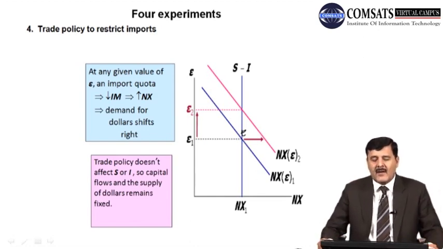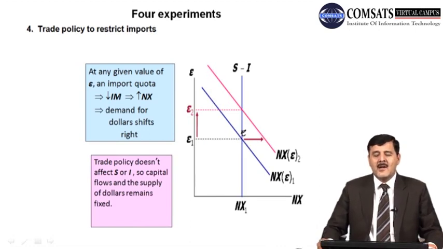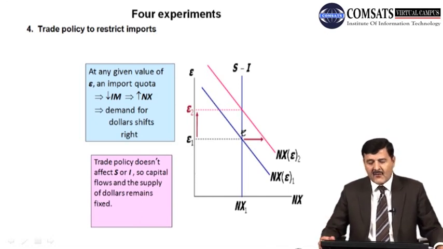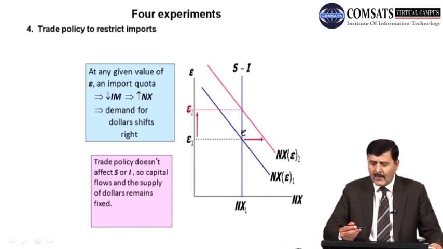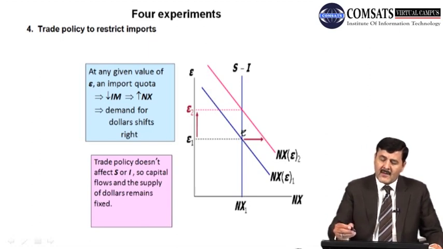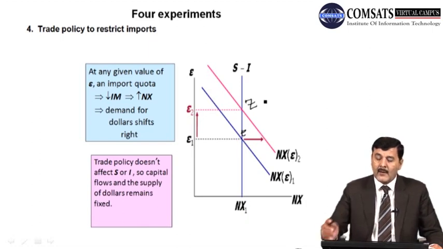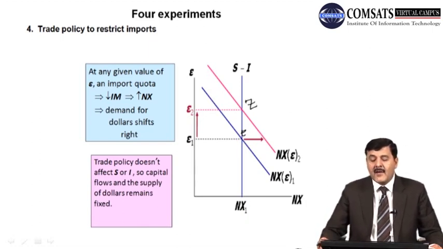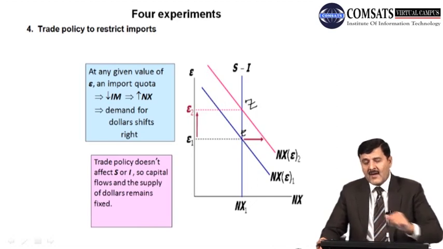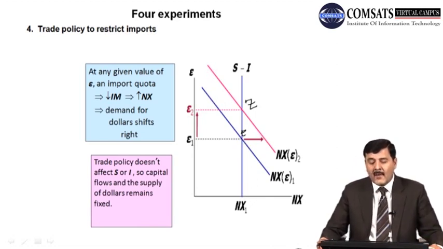So what will happen to the demand for dollar? When net exports increase, the demand for dollar increases. When the demand for dollar increases, the demand curve for dollar will shift to the right. This new curve intersects the original supply curve of dollar at some point. Let us call this point Z. Now at Z, you see the real exchange rate has increased from E1 to E2, but the net exports remain the same.